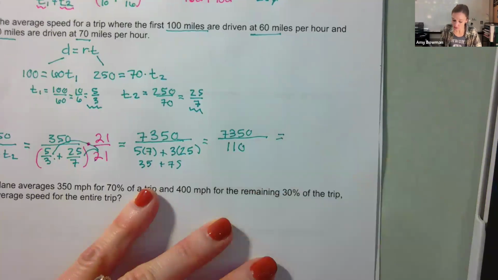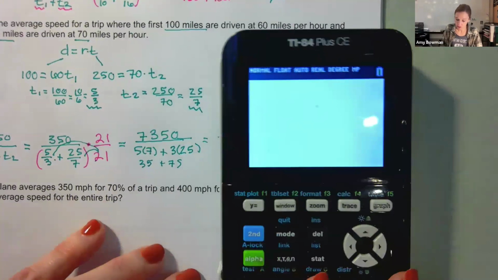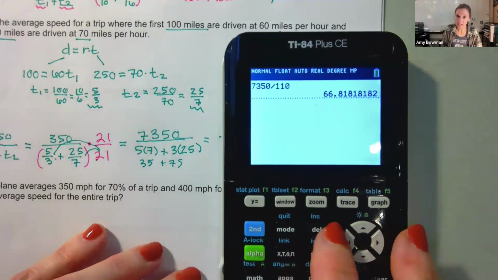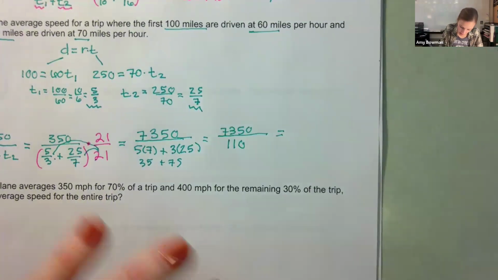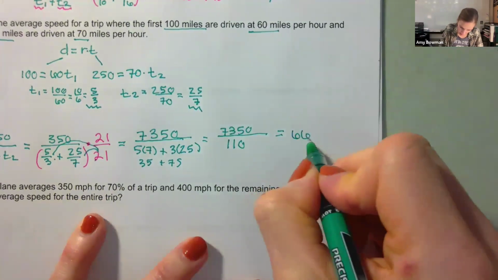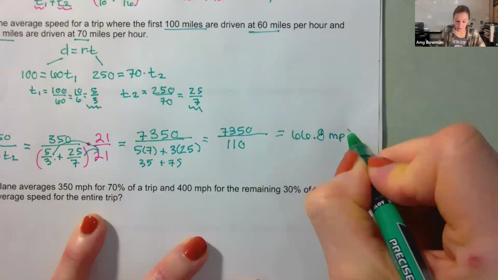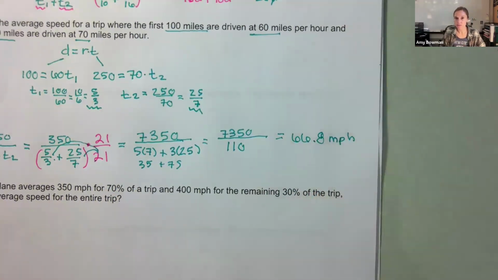So there we go. We've got our average rate, 7350 divided by 110, about 66.8 miles per hour. Again, your answer should always make sense.